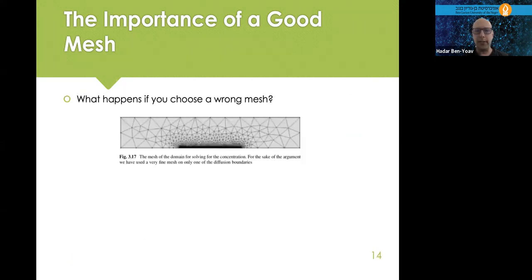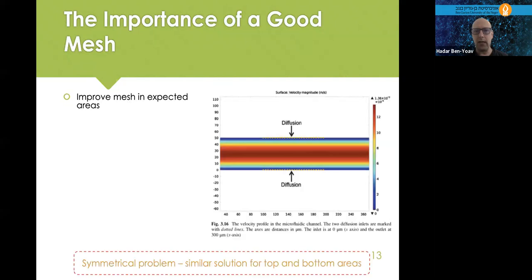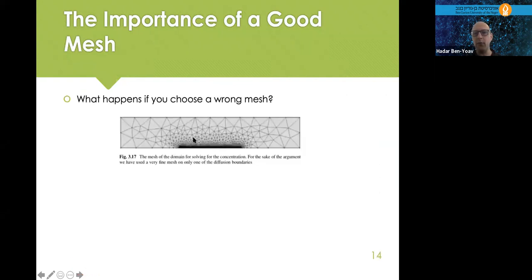Let's improve the mesh in the expected areas. So we expect to have different solutions or changes in the areas where we have the diffusion, or the channels that go inside from the side. But accidentally, we only improve the mesh on one side. And we had a less dense mesh on the other side. Let's see what happens.